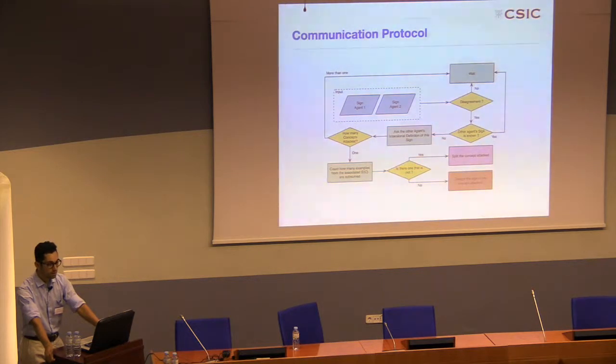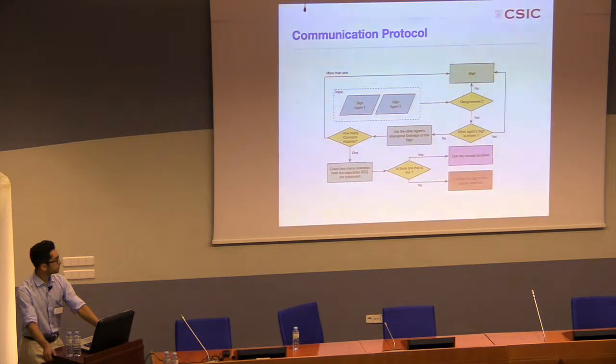So in order to do that, we implemented a communication protocol that I will now present. It starts with the presentation of an example, and then the 2 agents of our multi-agent system use the sign that they consider to be linked with this example.